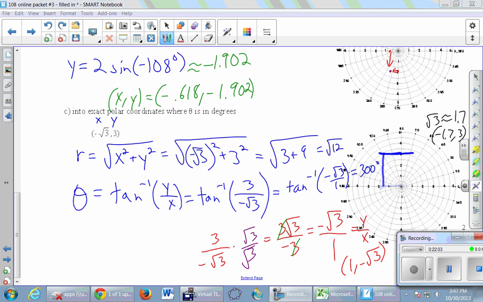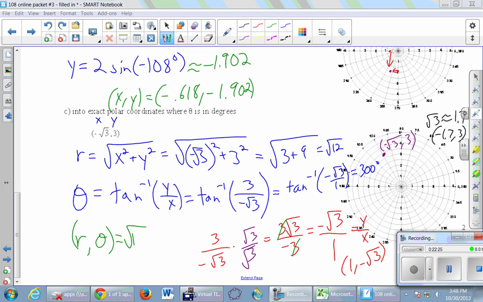Again, you have to imagine trying to make this circular grid square. So maybe someplace up here, negative 1.7, and then up to 3. So maybe around there. Okay, and let's see if that's anywhere close to what we're saying the answer is. What we think is r comma theta equals root 12, comma, and then 300 degrees.